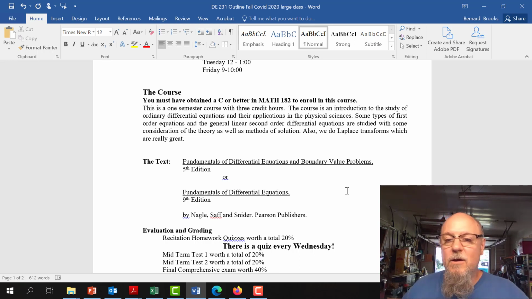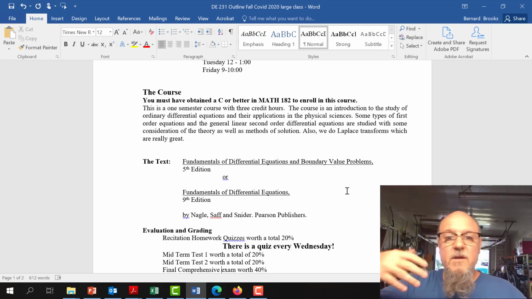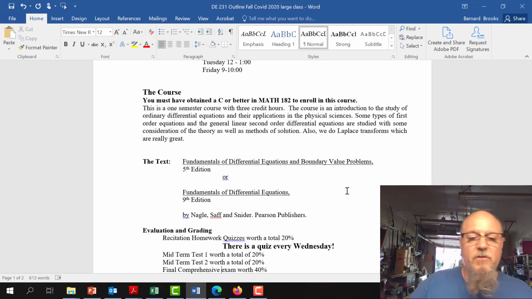They're both by Nagel. A question that comes up is, can I get the 4th edition, the 8th edition? Well, technically differential equations are the same. So sure, but when I assign homework, I'm referring to the 5th edition or the 9th edition. But the material in the older editions is the same.